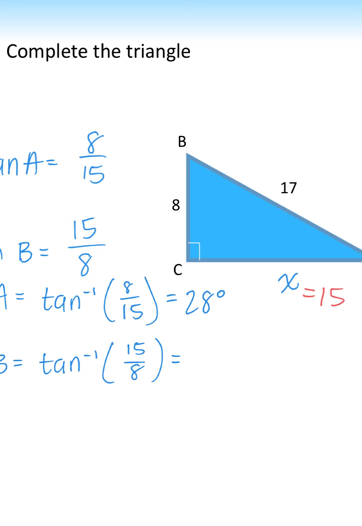So we want the tangent inverse of 15 divided by 8. 61.92, in other words, 62 degrees. Let's go back to our notes. Do 28 and 62 add up to give you 90? Yes, so we did it correctly. So this angle down here is 28, and this one is 62 degrees.